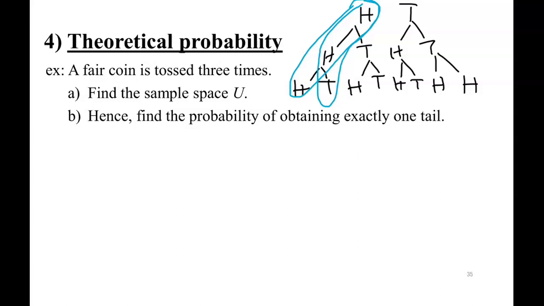So to answer part A, we need to find the sample space, which consists of those 8 outcomes we just found.